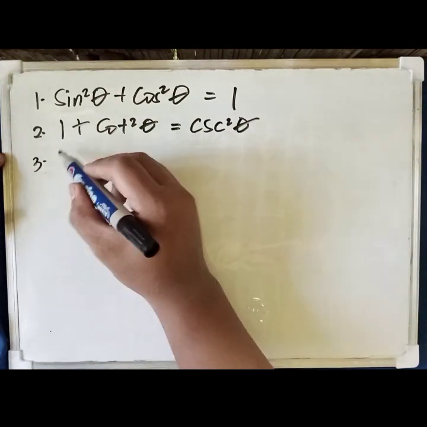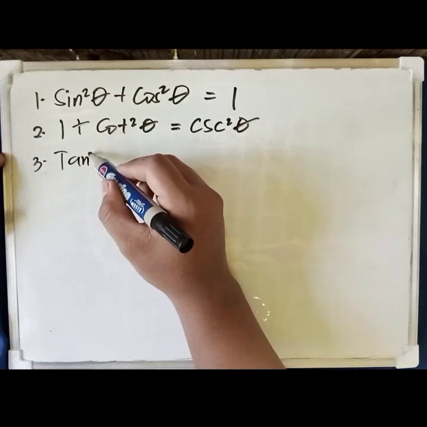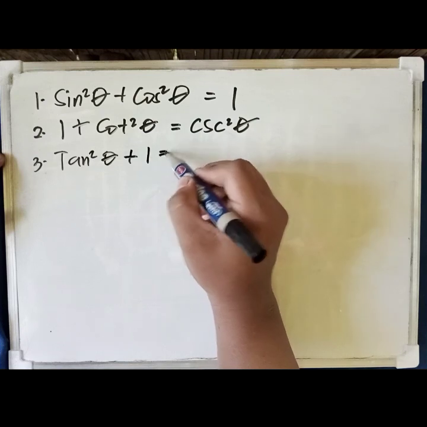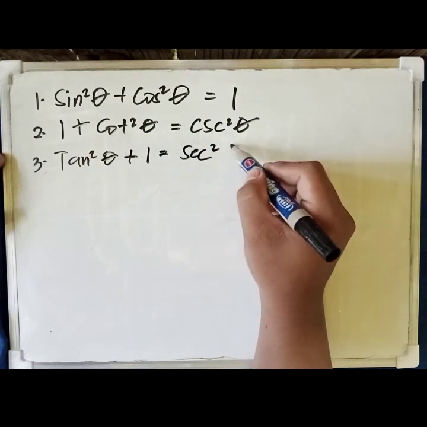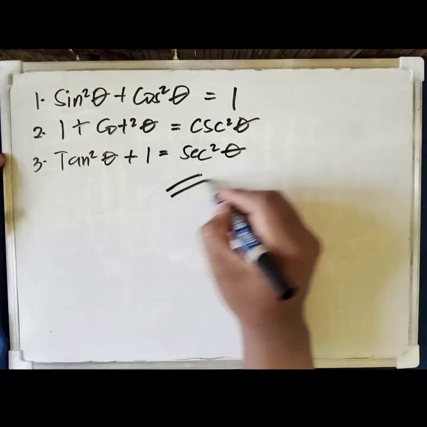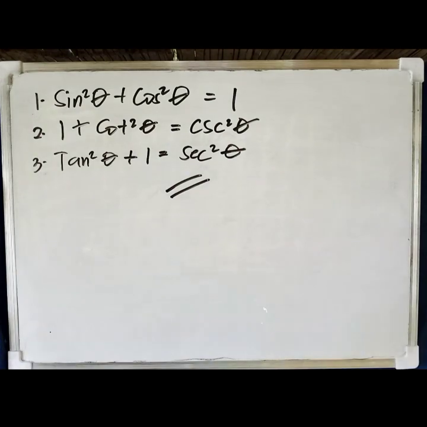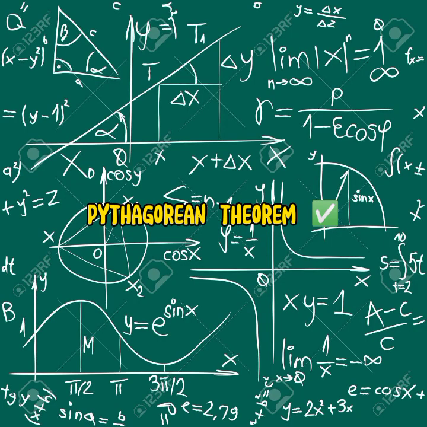Then the last one is tangent squared theta plus 1 equals secant squared theta. So that is all the three Pythagorean identities derived from the Pythagorean theorem.